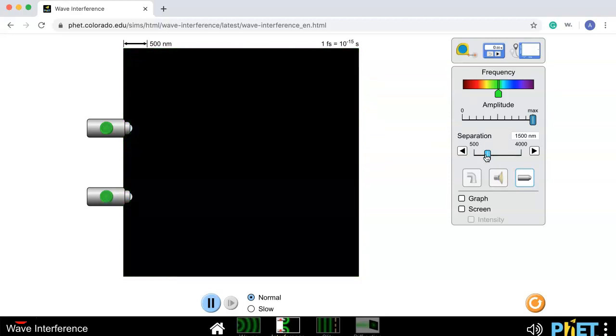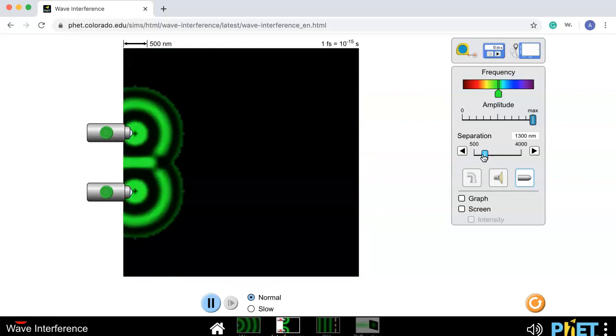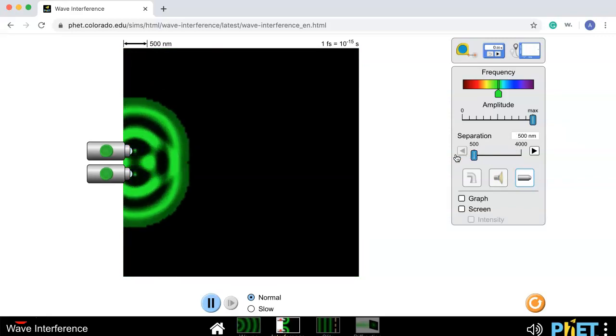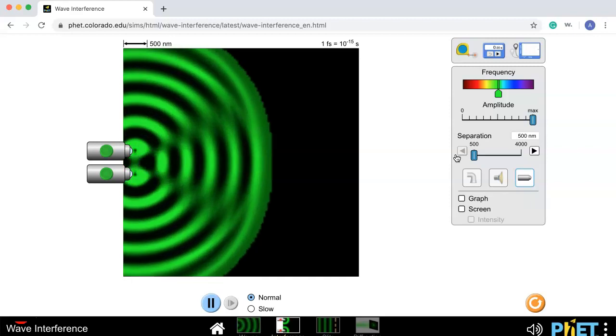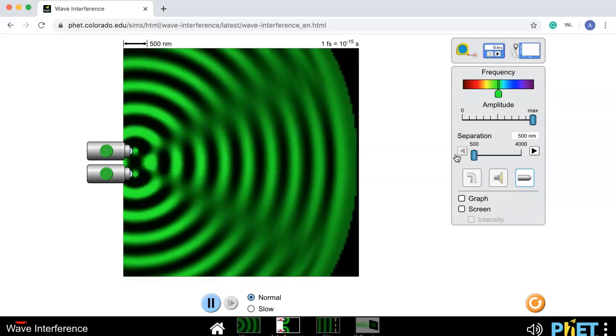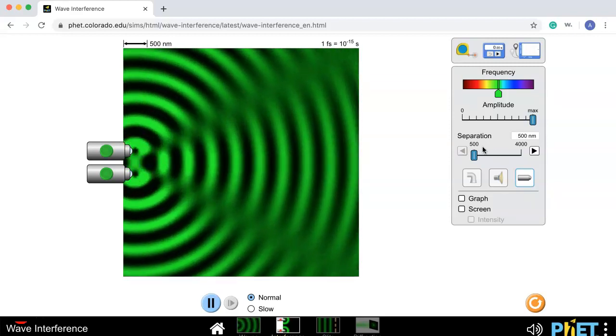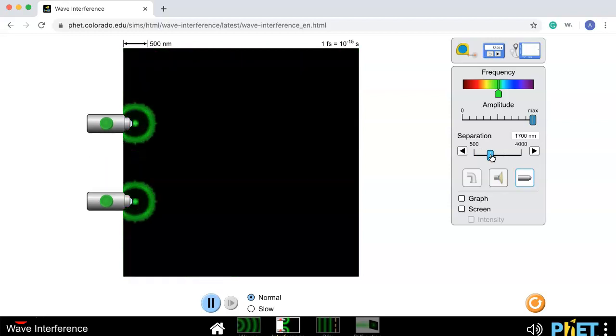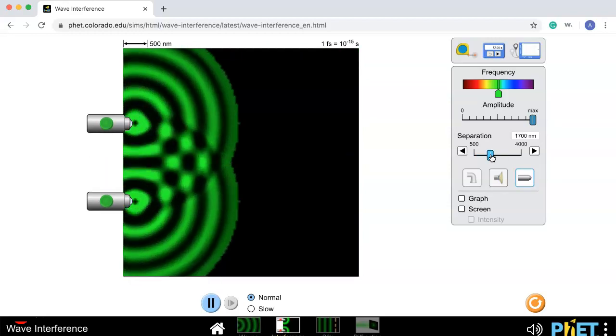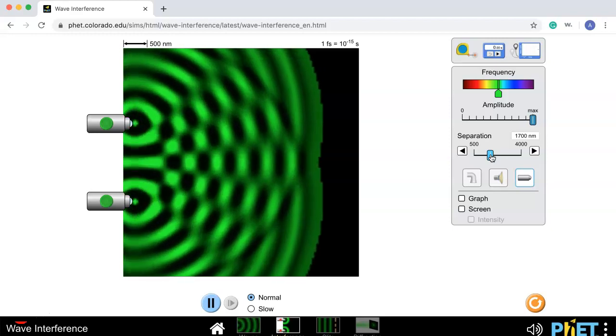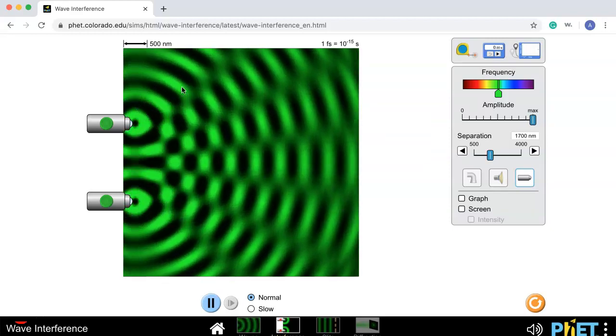And then we can play with the separation. If I bring them very close, that's the type of pattern we get. I can move them farther apart. See, there's a more complex pattern.